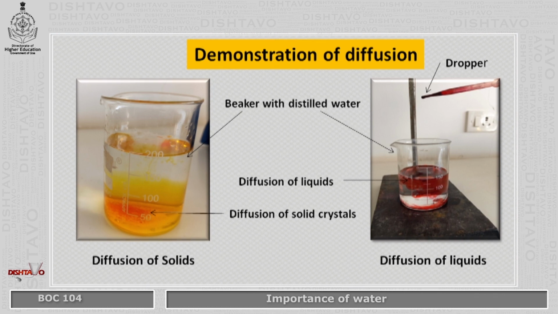Whereas when you have a liquid and you dispense it in another liquid, then the diffusion will be faster. As such, it is seen that diffusion of gases is the fastest, followed by liquids and then the solids.